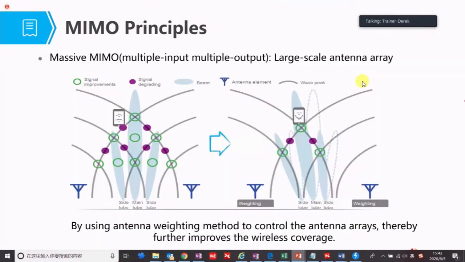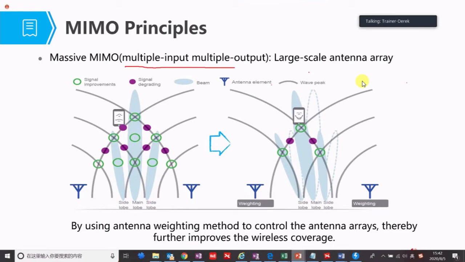And next is MIMO. MIMO means multiple input, multiple output, large scale antenna array. This picture shows one principle of beamforming. Multiple antennas can be used for many purposes, and beamforming is one of them.